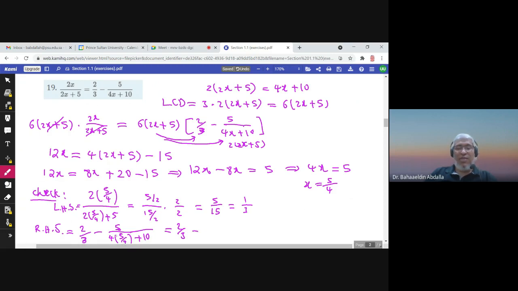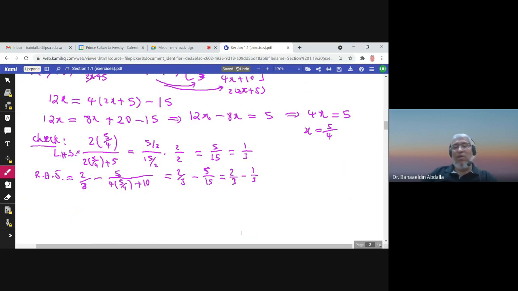Now 4 cancels with 4, and this would be 5 over 5 plus 10, 15. So this is 2 over 3 minus 5 over 15, which is 1 over 3. If you subtract, you get 2 minus 1, 1 over 3. So the left-hand side is equal to the right-hand side, which means our solution is correct.